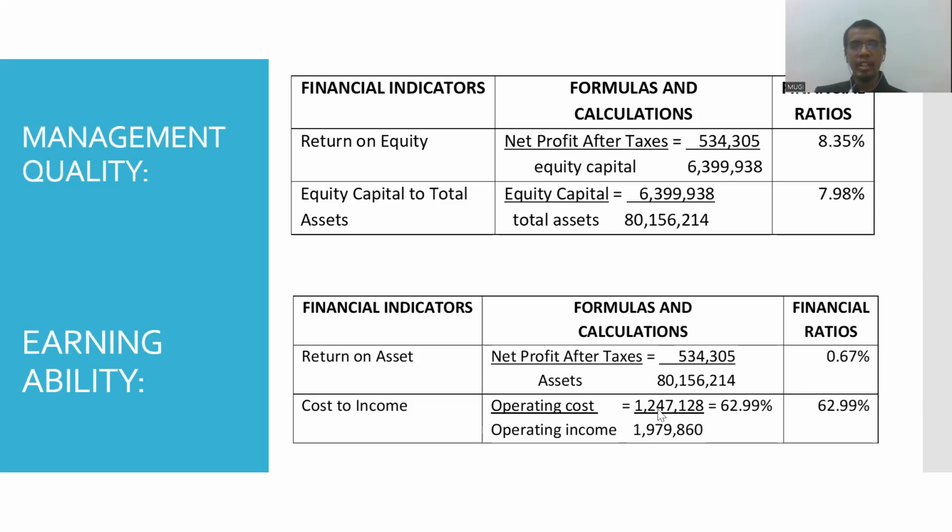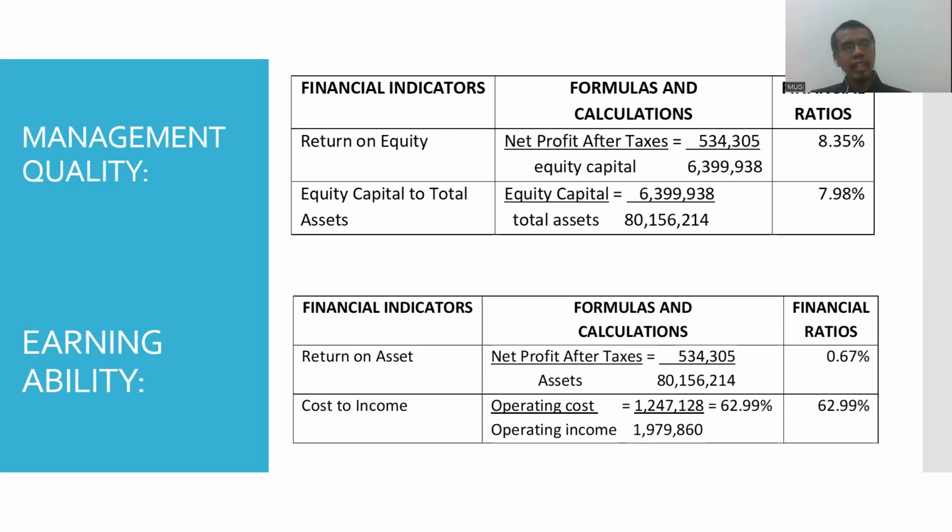We already have the number from our previous ratio, and we get the financial ratio of 0.67%. And the cost to income formula is operating cost divided by the operating income. We get the numbers from the financial statement. The operating cost is 1.2 and the operating income is 1.9. And we get a financial ratio of 62.99%.